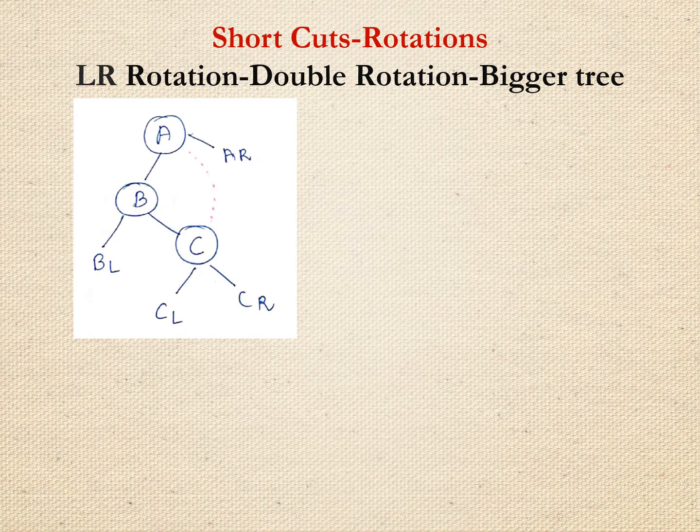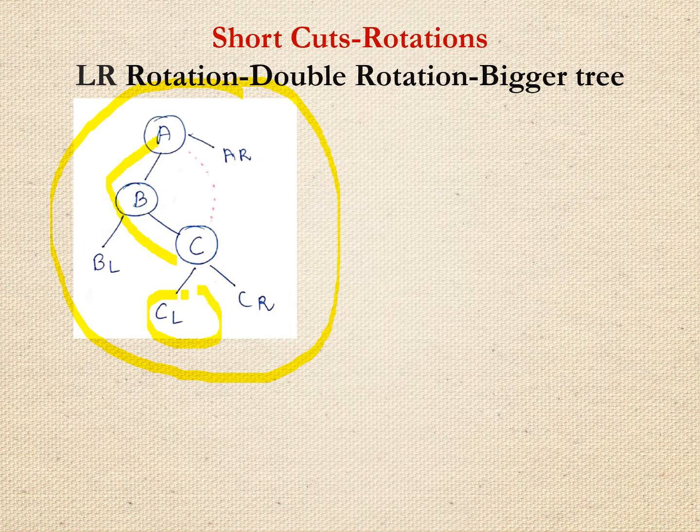Now here again it's a shortcut for the bigger tree, we can verify for the LR rotation. Suppose this is a case that this is left and right, and we have to do the same LR rotation, now for the bigger size. Now the tree is a little bit bigger because it has different children with it.